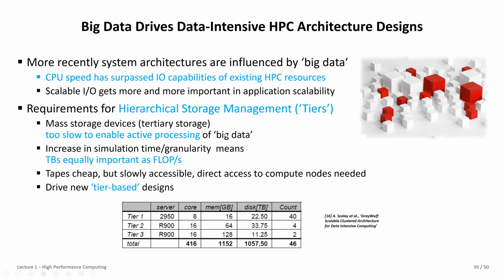We talk about hierarchical storage management, which will come up every now and then in the course. You should understand that today CPU speed has really surpassed the storage and I/O capabilities of existing HPC resources. Computing is cheap these days, but we need better concepts for hierarchical storage management and scalable I/O, which here and there are real limits.